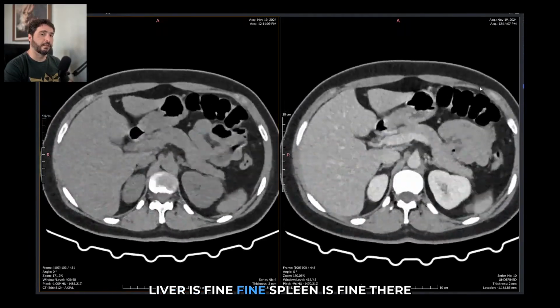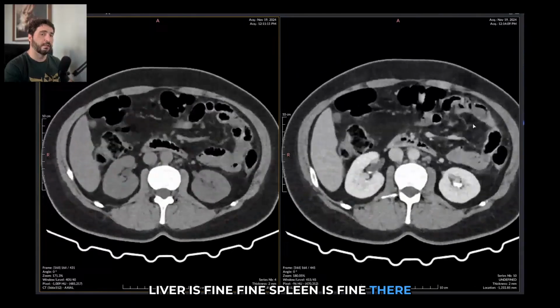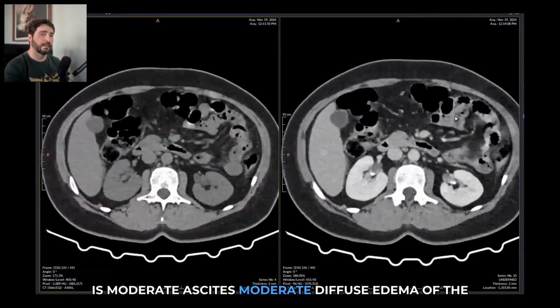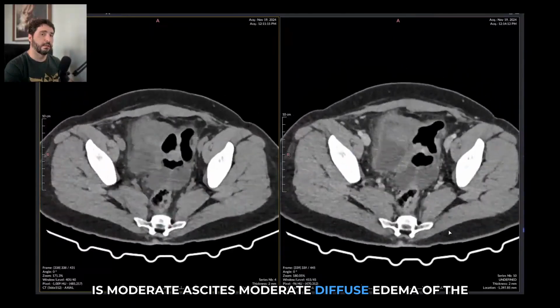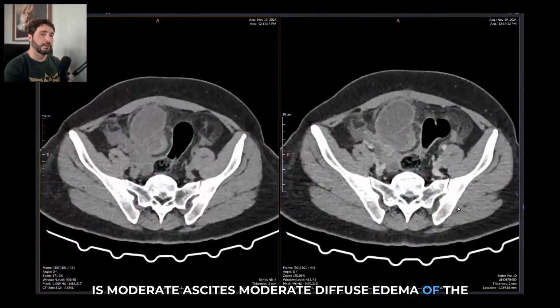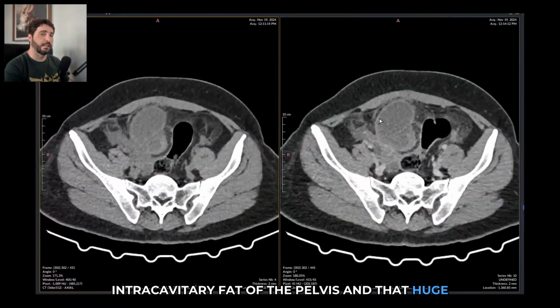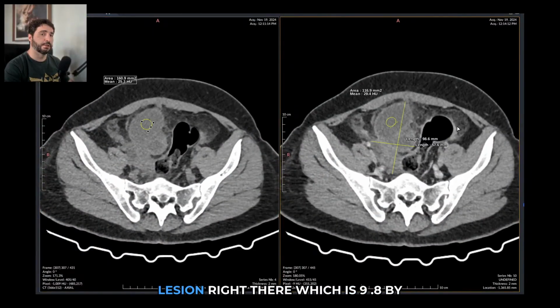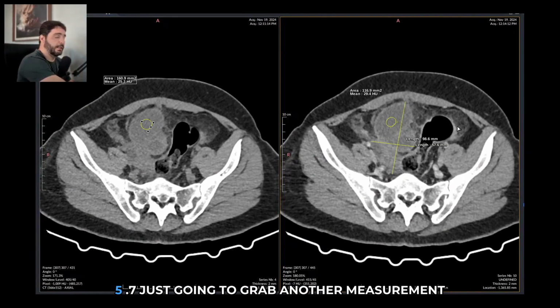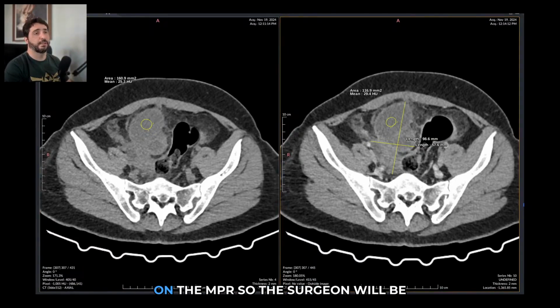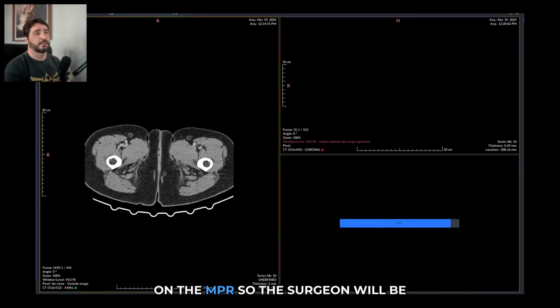Liver is fine, spleen is fine, there is moderate ascites, moderate diffuse edema of the intracavitary fat of the pelvis, and that huge lesion right there, which is 9.8 by 5.7. Just going to grab another measurement on the MPR.